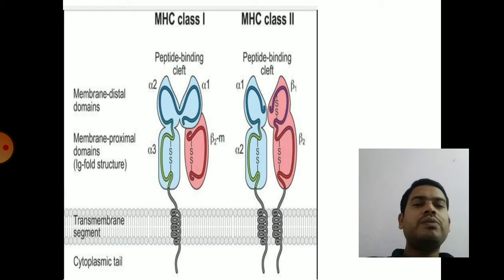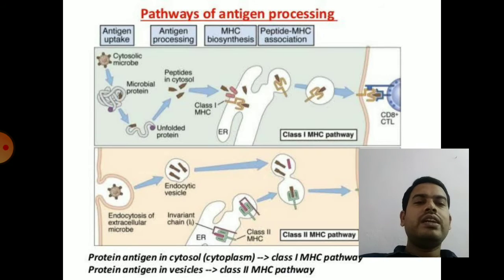Both are transmembrane segments, and you can clearly see the peptide binding cleft that is present between the alpha 1 and alpha 2 loops in MHC class 1, and between the alpha 1 and beta 1 loops in MHC class 2, and both the structures are stabilized with the help of intrachain disulfide bonding. So those are the differences between class 1 and class 2 MHC molecules.